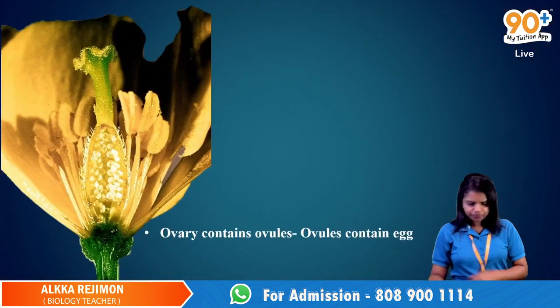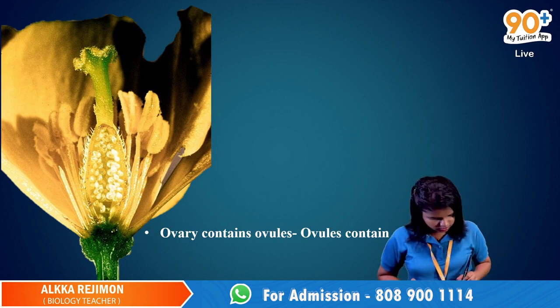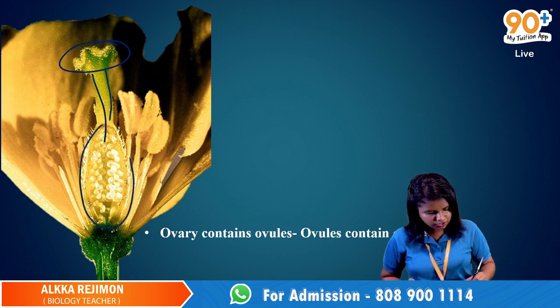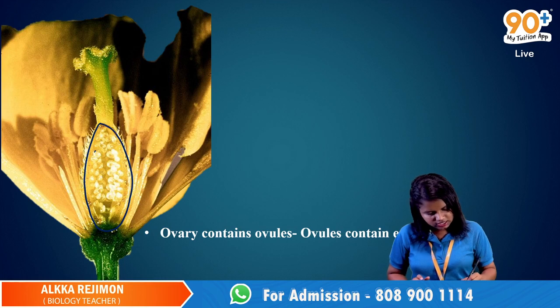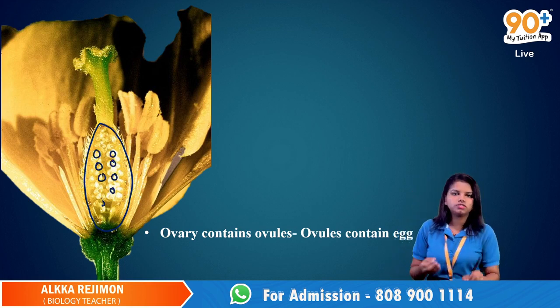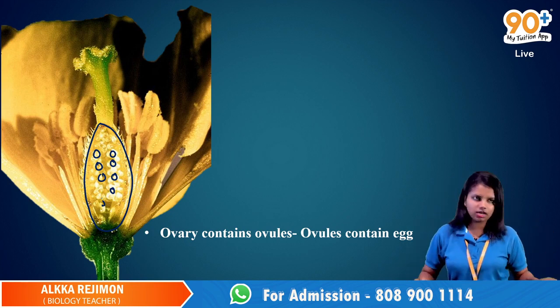Inside the ovary, here you can see the figure clearly depicted. This is the stigma part, the style part, and finally the ovary can be seen here. And inside this ovary you can see the micro bubbles. These bubbles are nammal ovules nu vilikkunnu, and it is inside these ovules that the eggs are present.